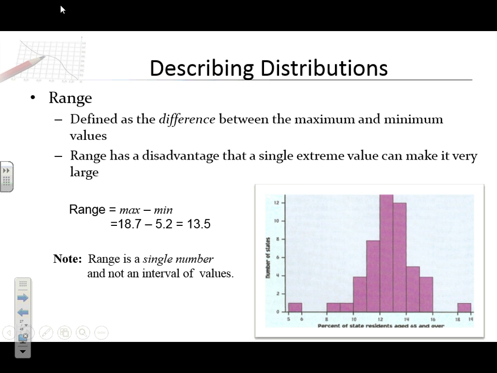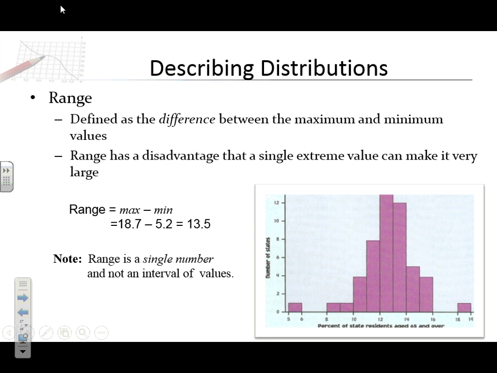Now, when I calculated range here, like I said, I went ahead and accessed the information so I could find the exact range. If we didn't have access to that, so all we had was the picture here, what would I use for my maximum value? Up here, this is the 18 to 19% range. We'd have to use 19.